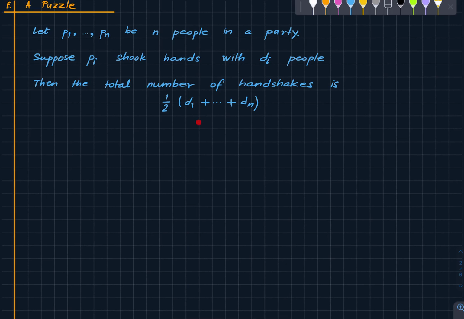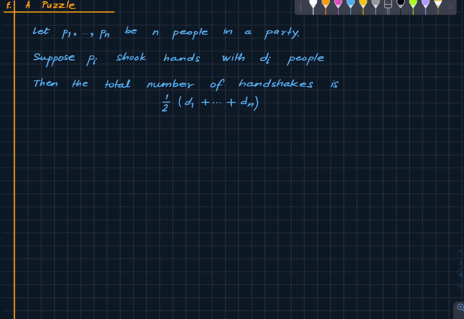That number turns out to be half of the total number of hands shaken as you count. You survey every person: how many hands did you shake? The first person shakes d_1 hands, up to the nth person who shakes d_n hands, and you sum all of it and divide by 2. That is the total number of handshakes.